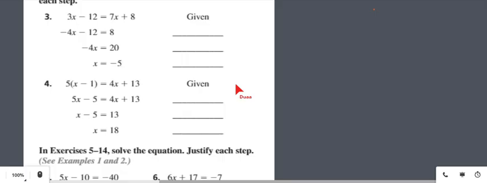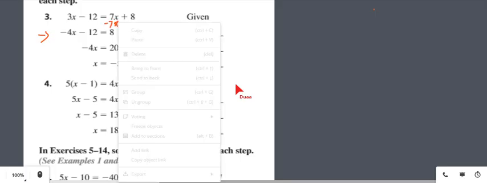So Dua beta, how did you get this equation? You got that by subtracting 7 from both sides, right?